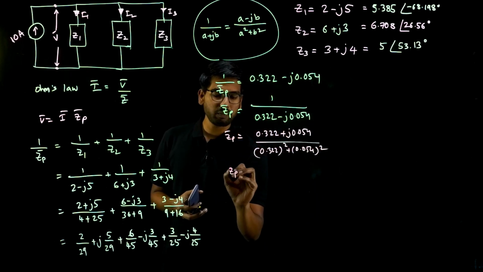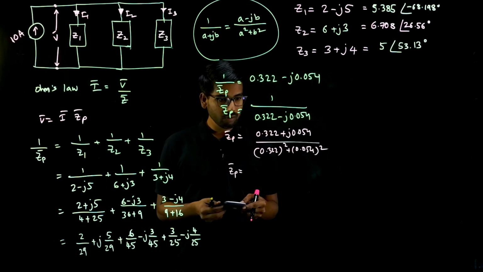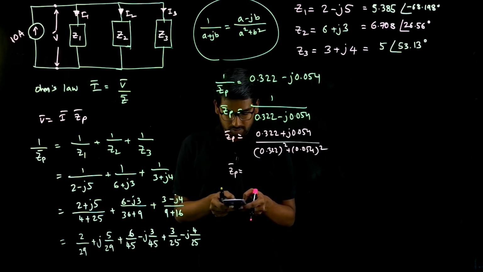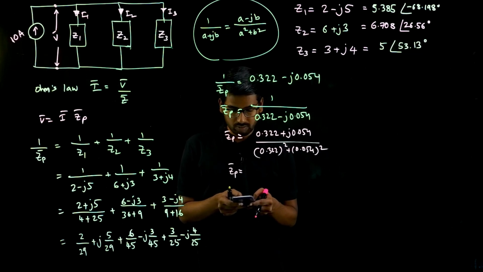So what will you get? Zp is equal to... 0.322 square plus 0.054 square is 0.106.